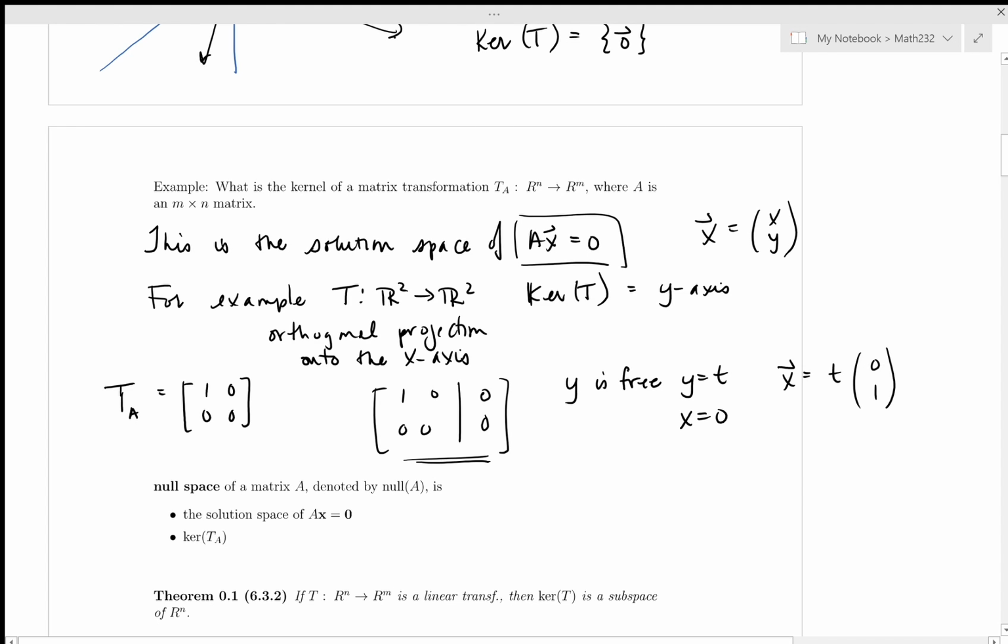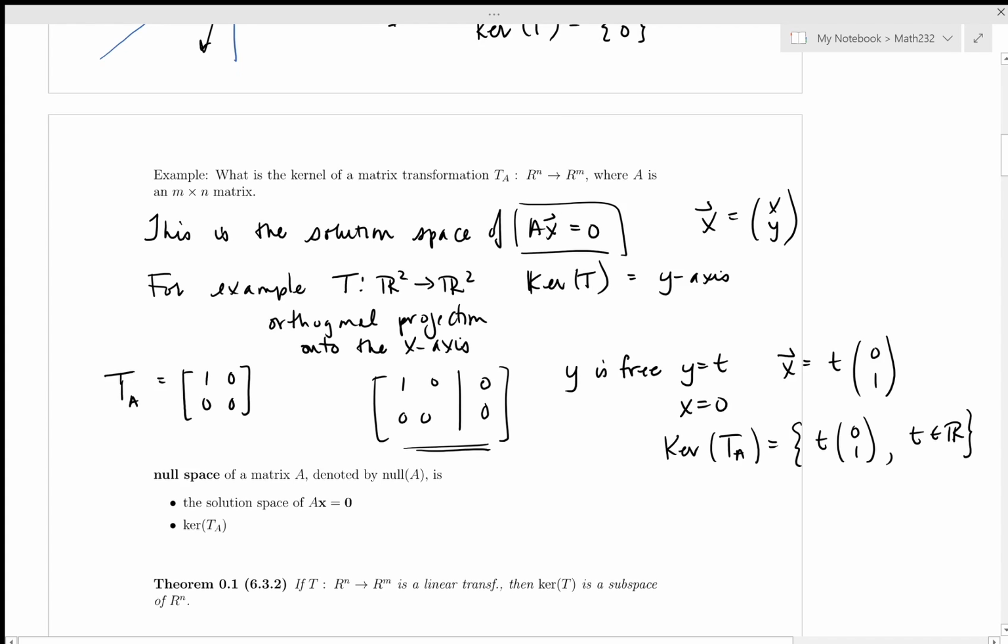There it is. And that is the same parameterization of the y-axis that we had before. So we would say then the kernel of T of A is the set of vectors like that, where t is a real number.